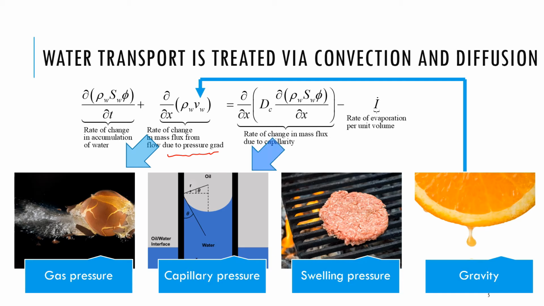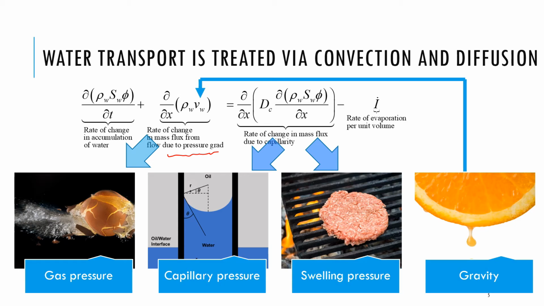Now, the diffusive term can come from one of two that we dealt with for water. It can be due to capillarity, which almost always is there, or it can be due to swelling pressure, which is discussed in detail elsewhere. The swelling pressure, for example, as we cook meat, it holds less water and it shrinks.